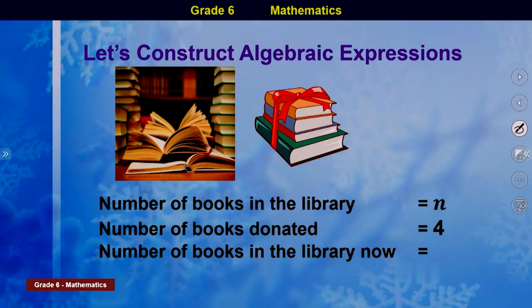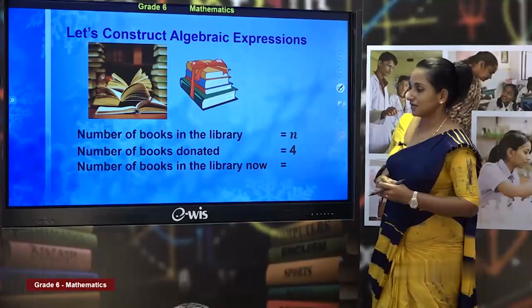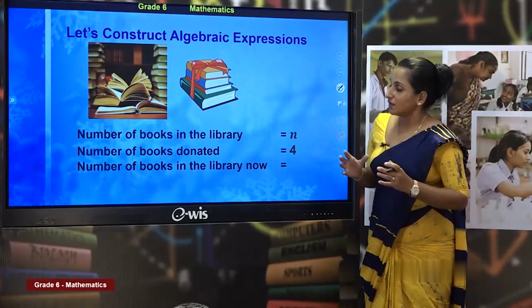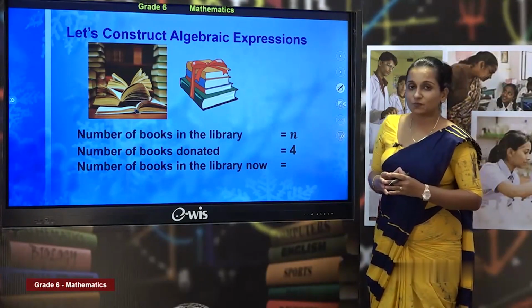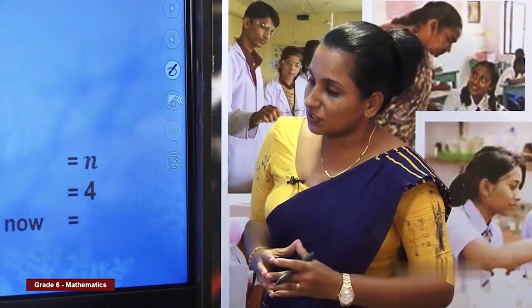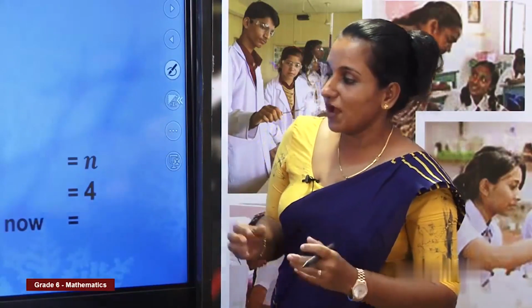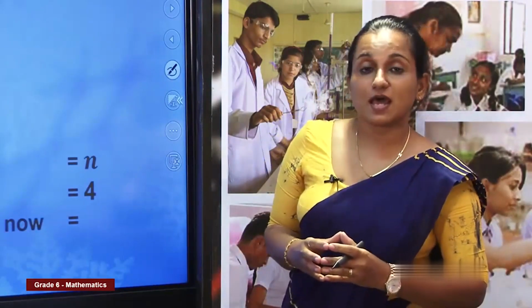Number of books in the library is an unknown. Therefore, we have to use an algebraic symbol for that. Here I used n. Then the number of books donated is 4. Then what should we do to find the number of books in the library now?